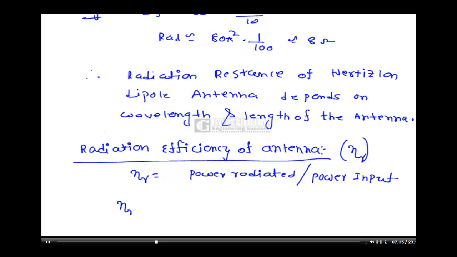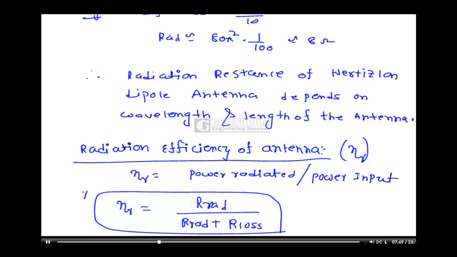So eta R is equal to R radiated by R radiated plus R loss. This is the formula for the radiation efficiency of an antenna, where R loss is the loss resistance of the antenna, because we will have some losses.